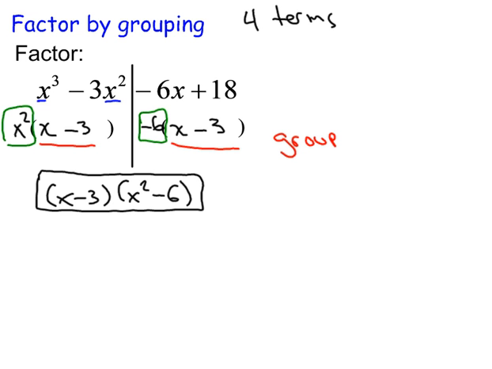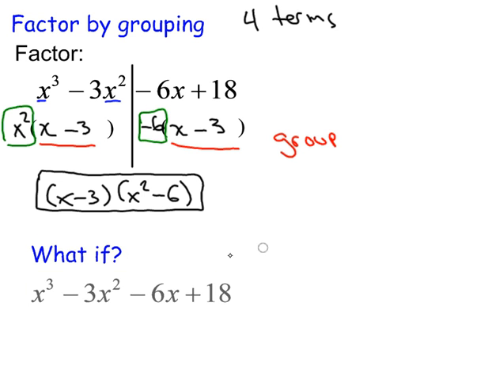Okay, just one last thing. I want to do a what-if scenario. What if, so you know the way we factored it. We said this was x squared, and this was x minus 3.